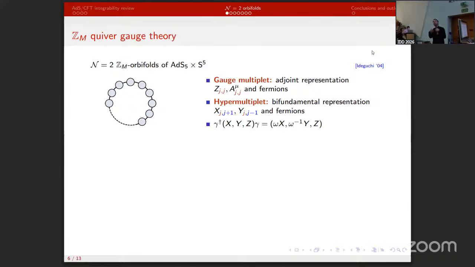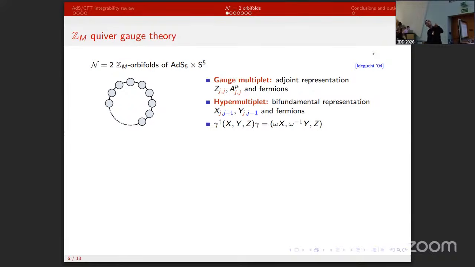Okay, so what the orbifold does basically is it introduces phases on some of the fields. So here's this omega and omega to the -1 for X and for Y, while Z is invariant. You can also think about this as X and Y being charged under the orbifold, while Z is uncharged in that sense.